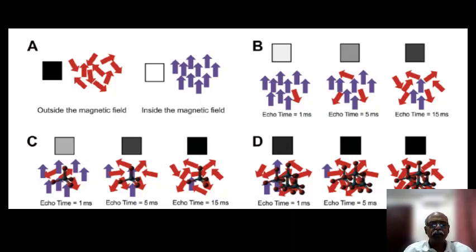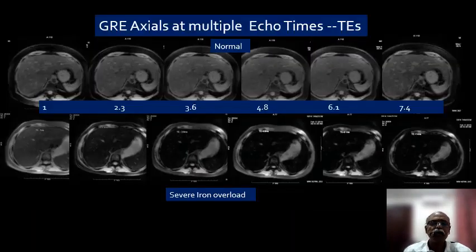Because the T2 signal decay occurs very fast, the reduction in the signal intensity of the hepatic parenchyma occurs very fast, and that is the basic physics of MRI hepatic iron: fast signal decay because of iron deposition. If there is less iron deposition, signal decay occurs slowly. If there is severe iron deposition, signal decay occurs fast because excessive iron deposition causes susceptibility. The susceptibility to the magnetic field causes signal decay. That is the basic physics of iron deposition.